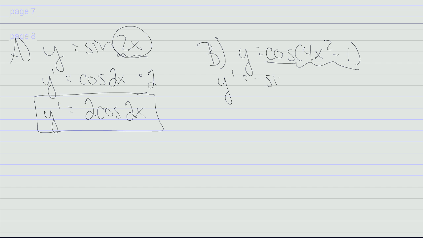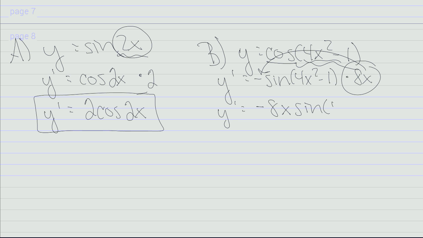So we have negative sine of 4x squared minus 1, plus, tack along by multiplying the derivative of the stuff, which is 8x. Rewrite, bringing that 8x out front. So y prime is equal to negative 8x sine of 4x squared minus 1.